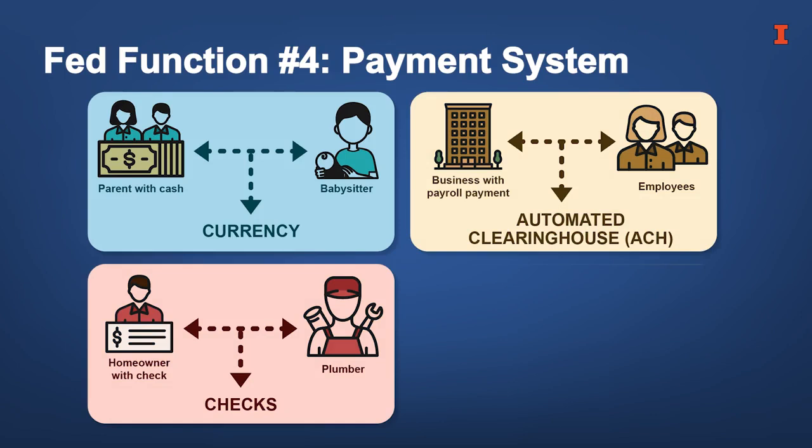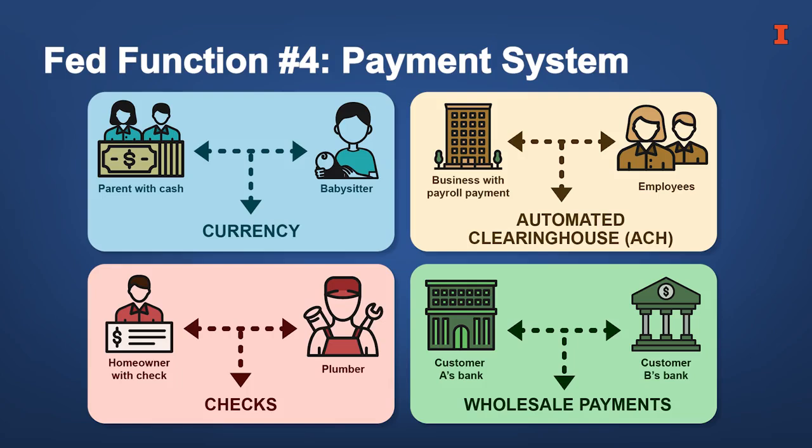Automated Clearinghouse, or ACH, settles small value bank transfers like wage payments to employees or the payment of your utility bill, and also large value transactions or wholesale payments among businesses and banks.